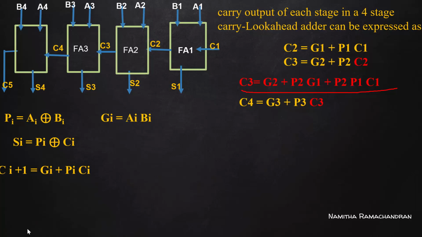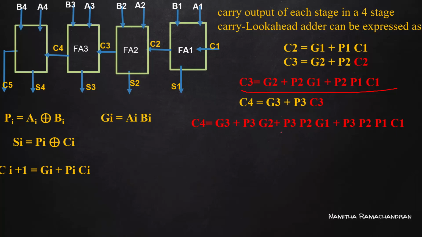So C4 becomes G3 plus P3 of G2 plus P2 G1 plus P2 P1 C1. While distributing, this becomes G3 plus P3 G2 plus P3 P2 G1 plus P3 P2 P1 C1.